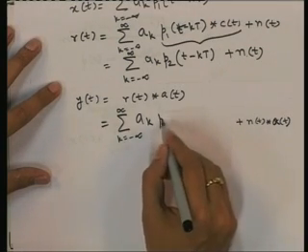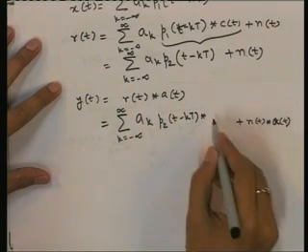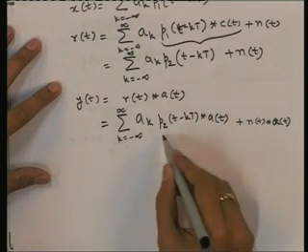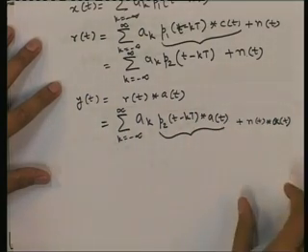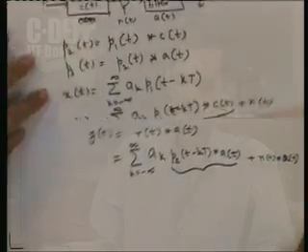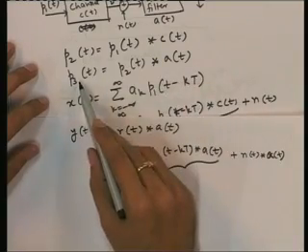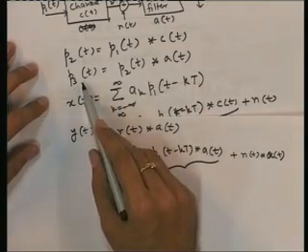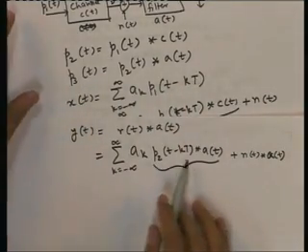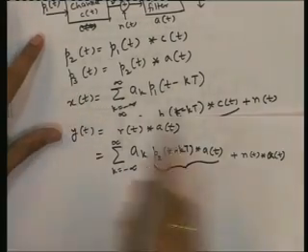And what is that? We have here p2(t minus kT) convolution a(t). Now what is this? This is p2 shifted, convolution a(t). Now p2(t) without shifting, p2(t) convolution a(t), is assumed to be p3(t), another pulse. Because we have shifted p2 by kT, the result itself will be shifted by kT.